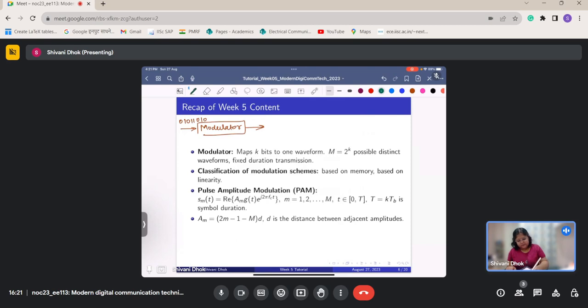What it does is group k bits, and then map each group of k bits to one waveform.